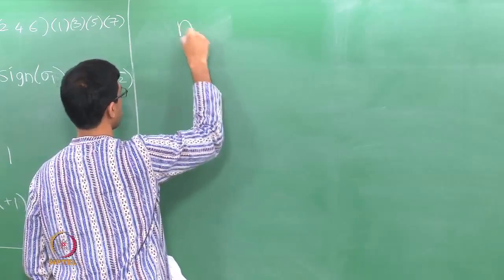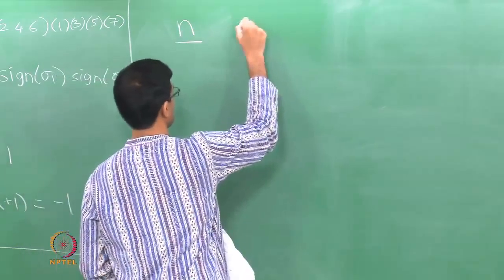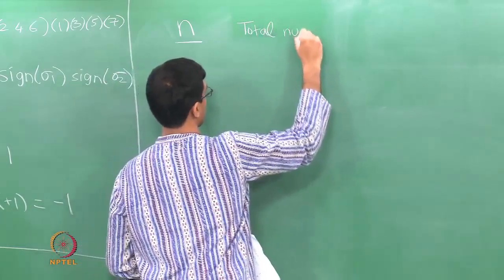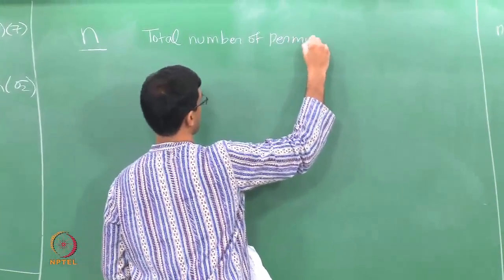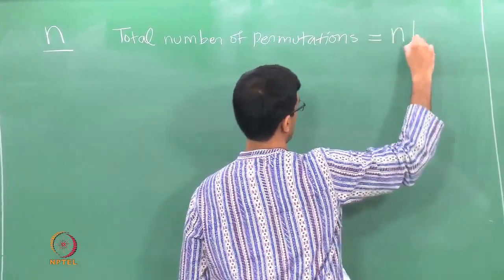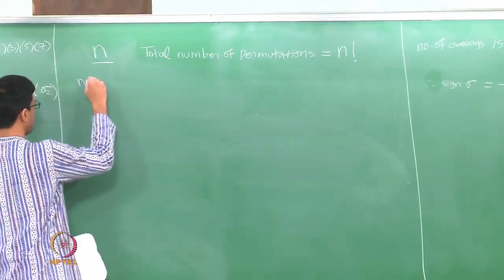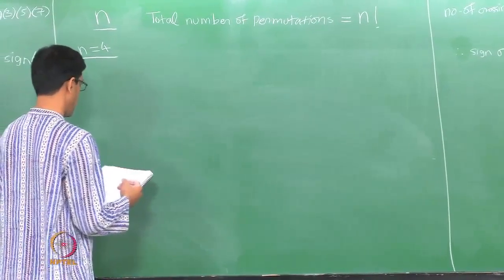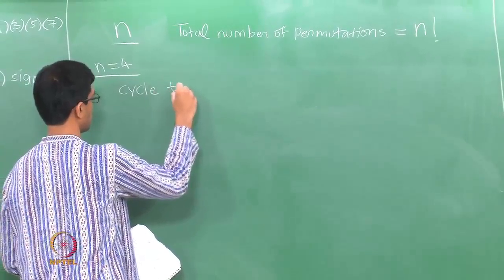If you have n, let's say a natural number, the total number of permutations of n, remember, is just n factorial. So for n equals 4, for instance, recall this old table that we talked about, the notion of cycle types or cycle structure.